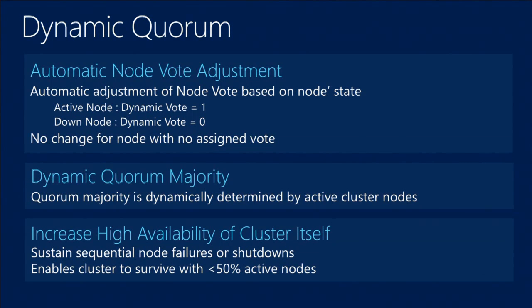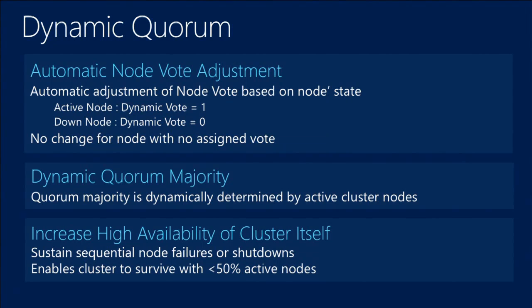But if, in a steady state, a node crashed, and the user had assigned a vote of 1, the cluster would automatically remove that node's vote. But you would ask me, why would the cluster do that? What is the benefit in terms of stability and availability of the cluster?